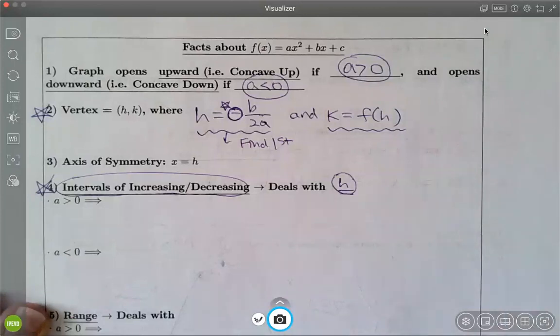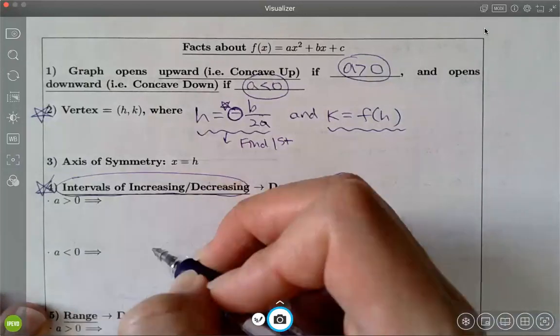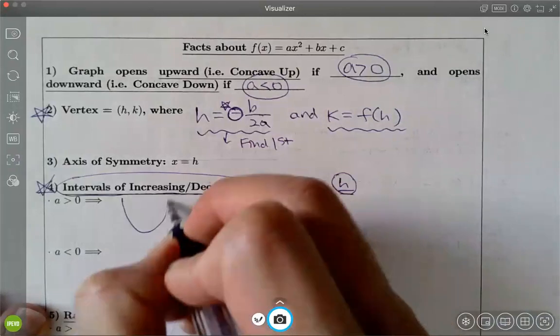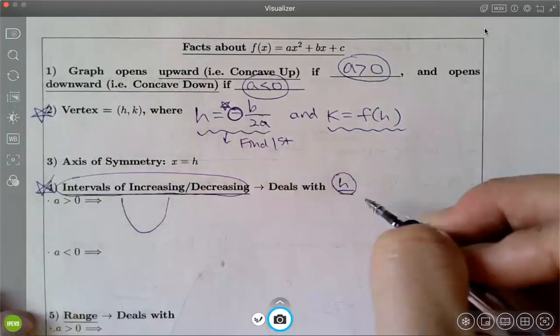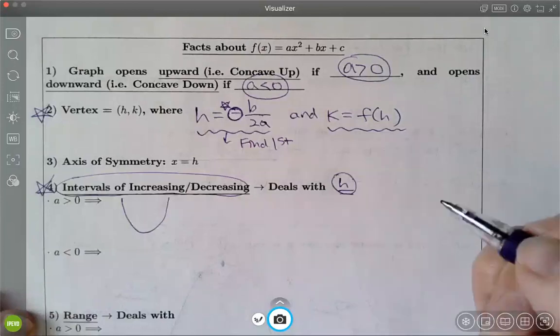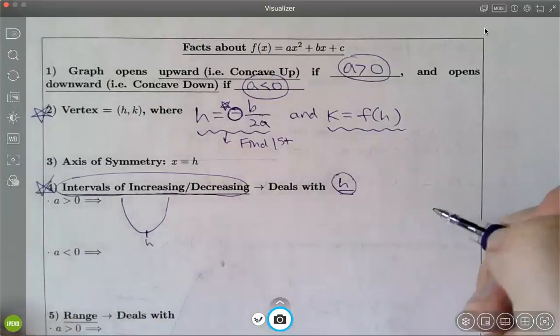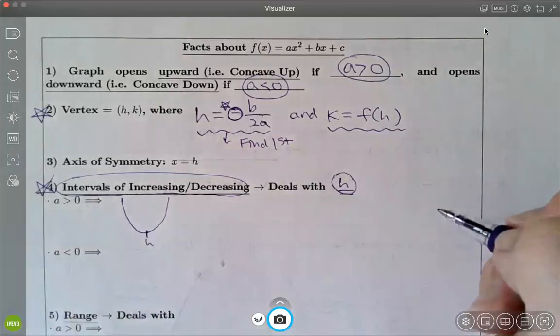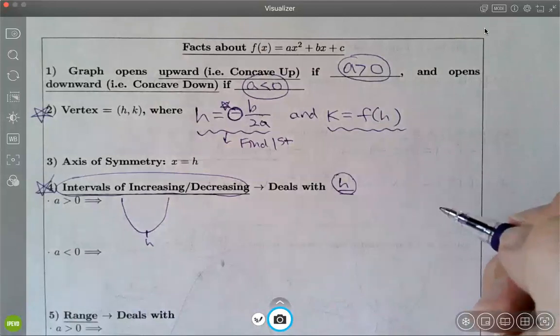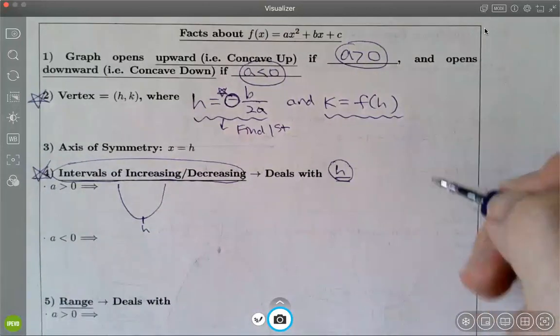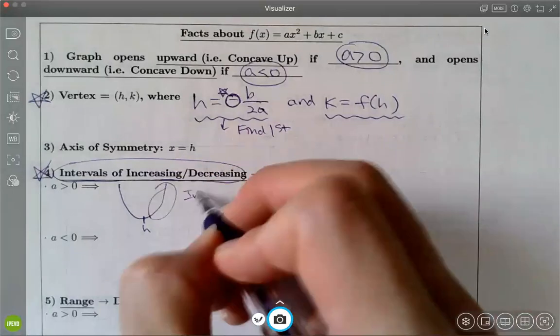We know how the graph looks when A is positive. It looks like this, right? And on this graph, where is h? At the very bottom, because that's part of the vertex. Can you see where the graph is increasing and where it is decreasing? Where's the graph increasing? Right there. And where's the graph decreasing? Right there.